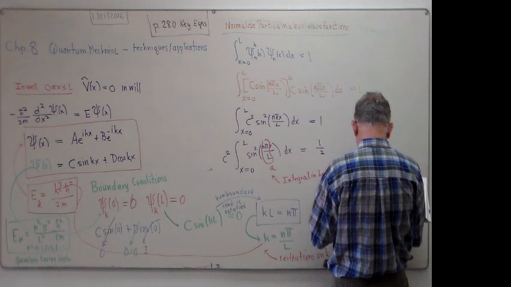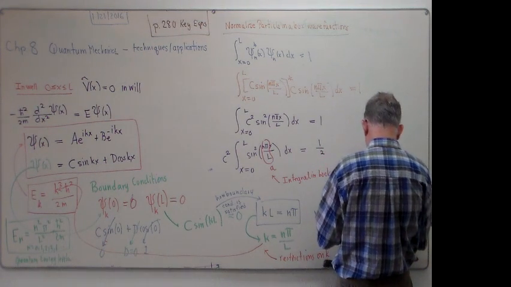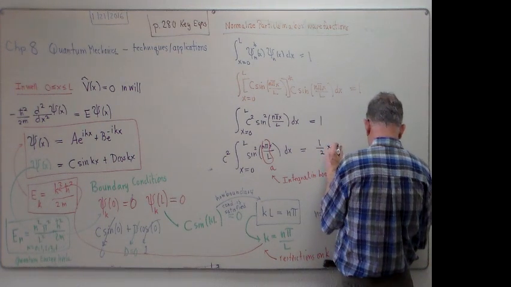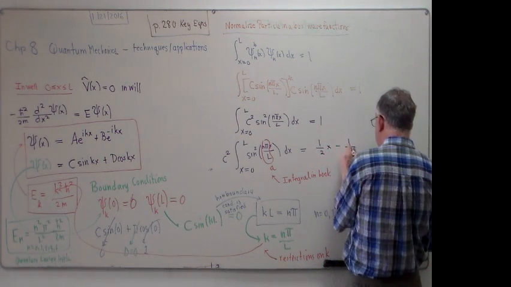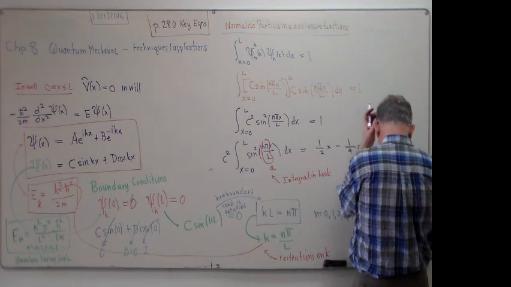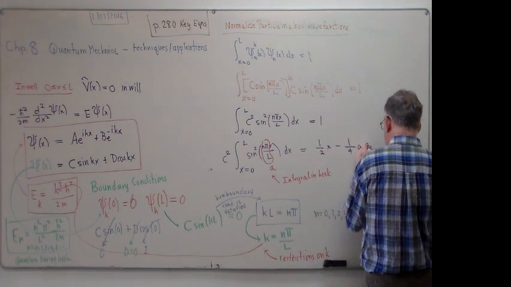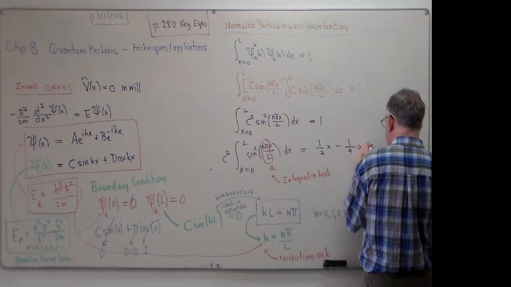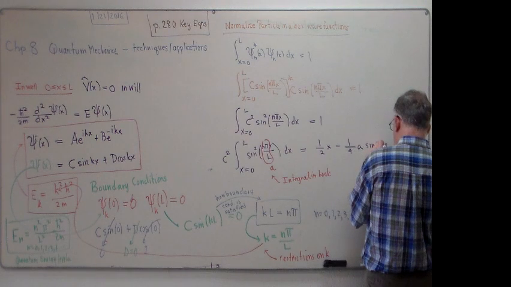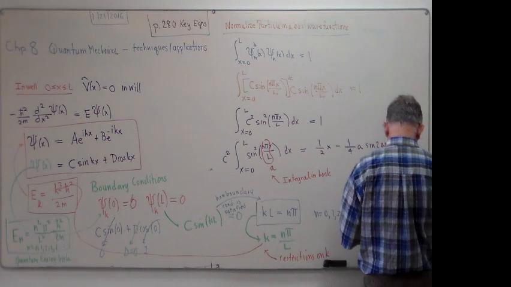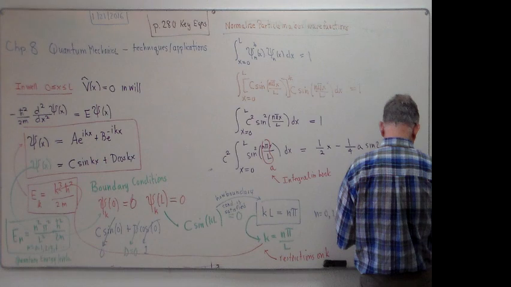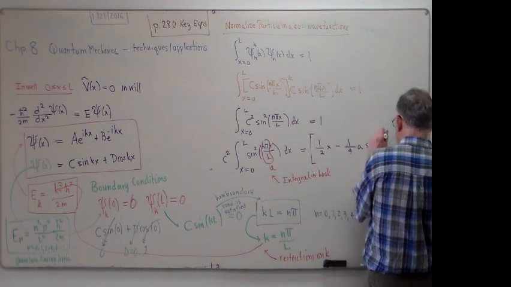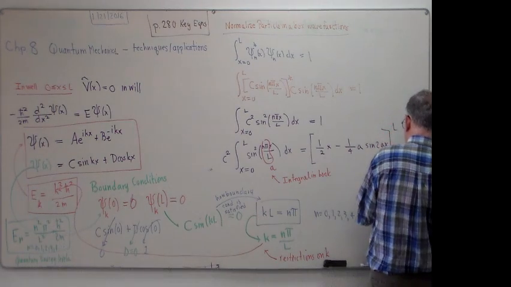Let me make sure I'm doing the right integral: 1/2 x minus 1 over 4a times sine 2ax. Okay, I've got it. And this is evaluated between L and 0.